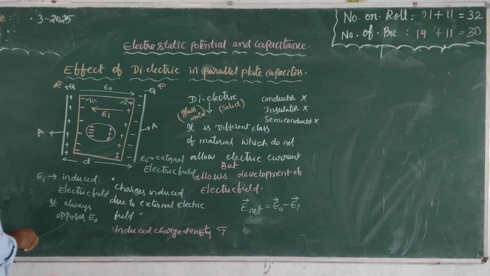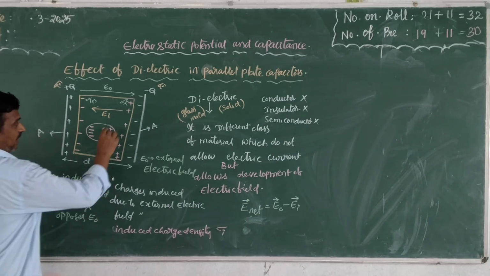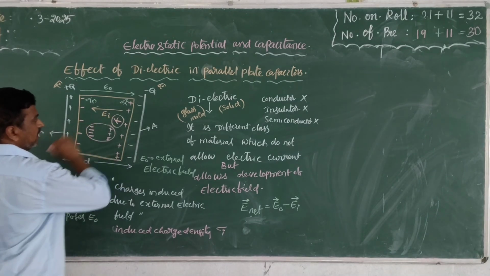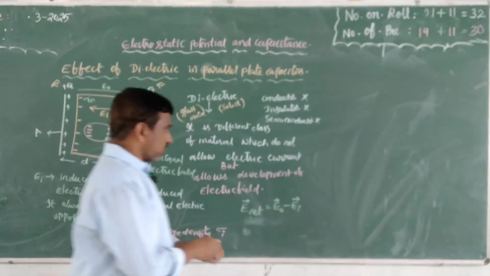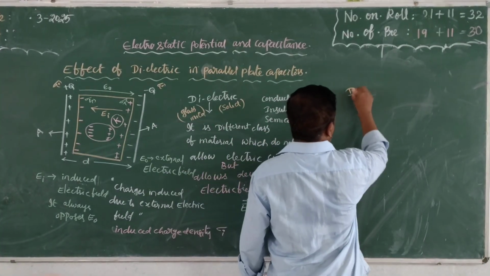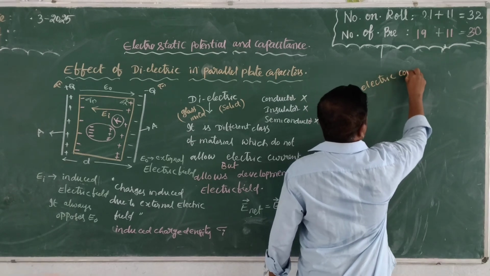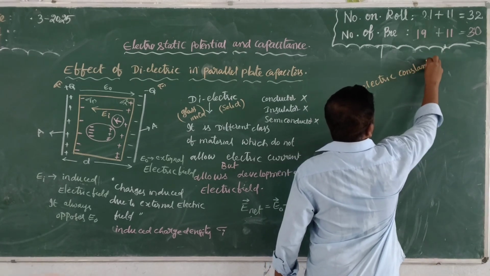Here this dielectric has a dielectric constant, K. Here K means dielectric constant. So what is dielectric constant?